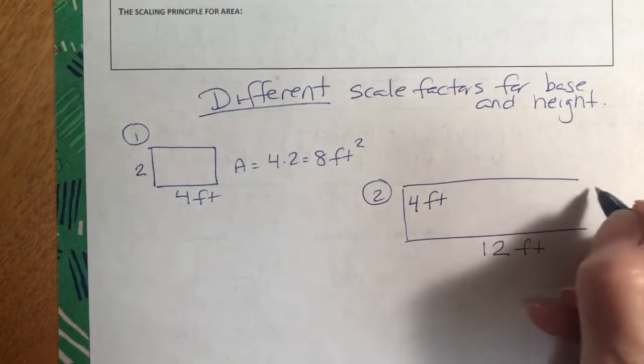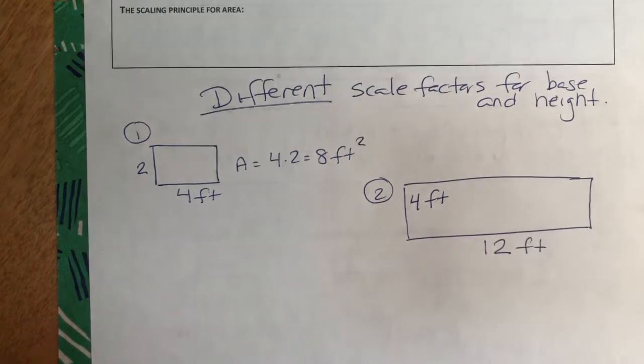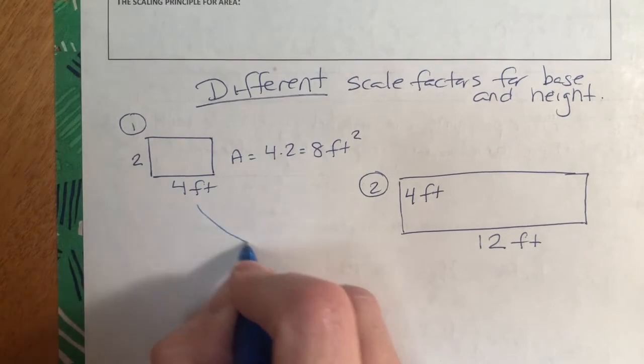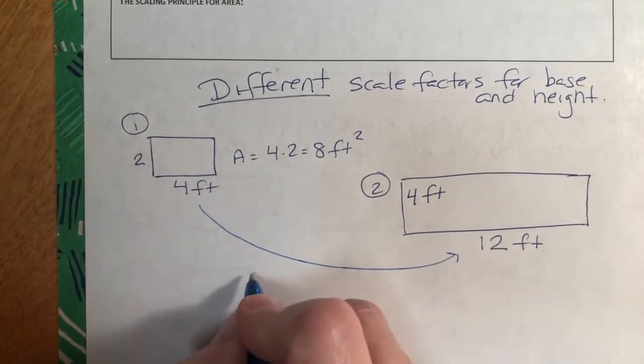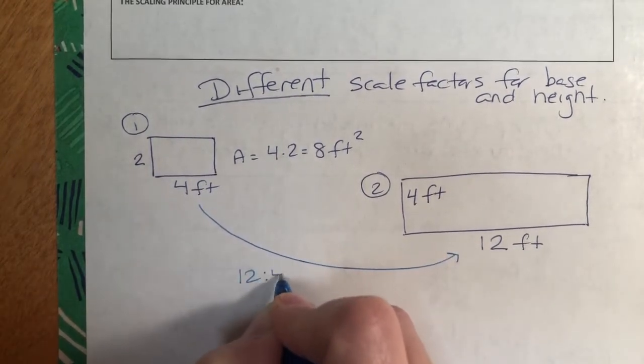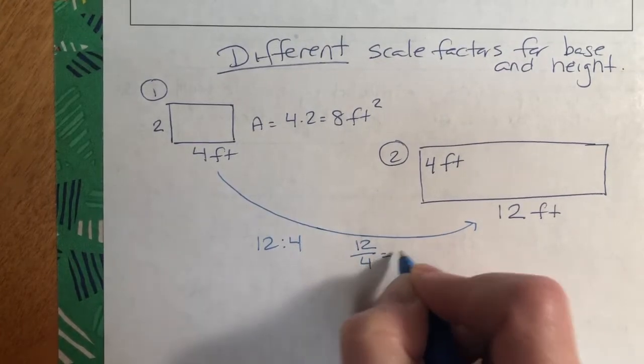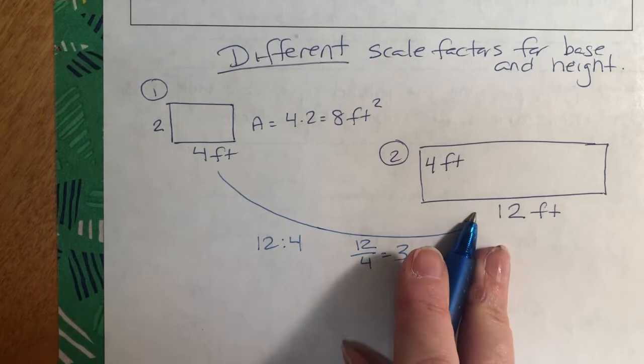Okay, so what's happening, you guys? Look at this. How is this changing? So the scale factor for the base went from a 4 to a 12, which means it was times 3.